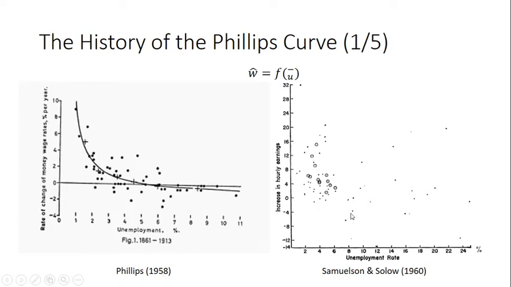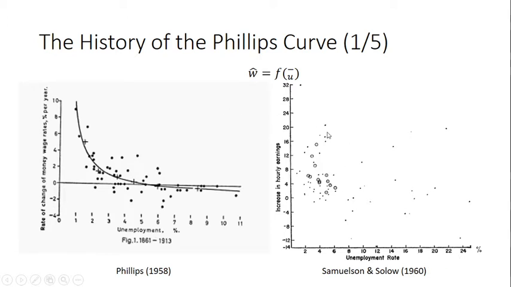Based on this, Samuelson and Solow, of course, two of the big names in modern economics and both Nobel laureates, did a very similar exercise 2 years later for the United States, this time instead of the United Kingdom. Again, on the y-axis, we have some variable capturing changes in wages, and again, on the x-axis, the unemployment rates.